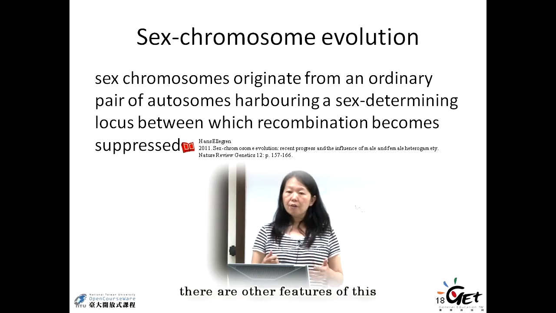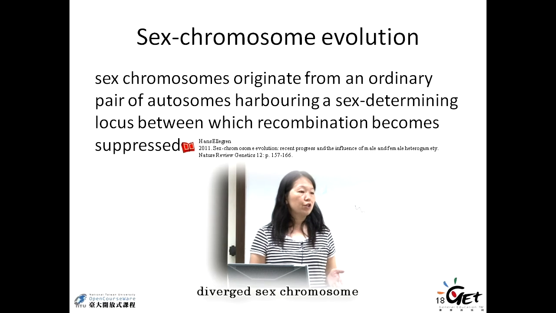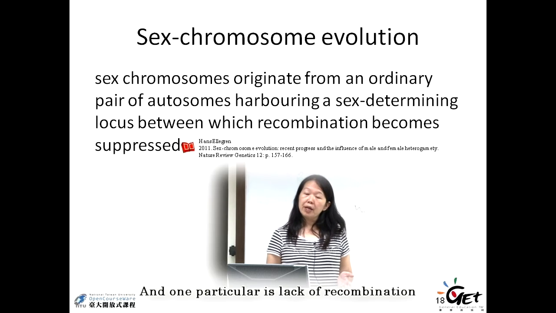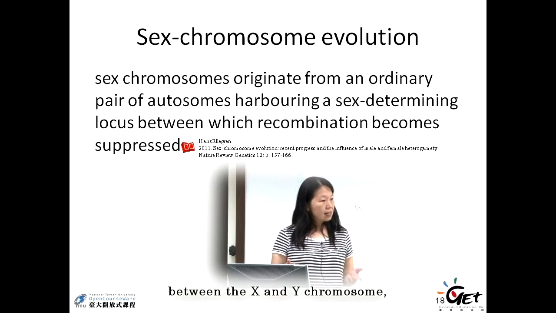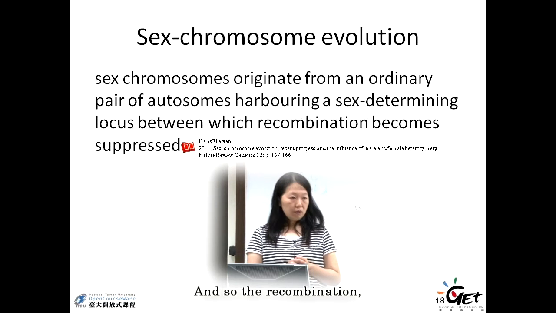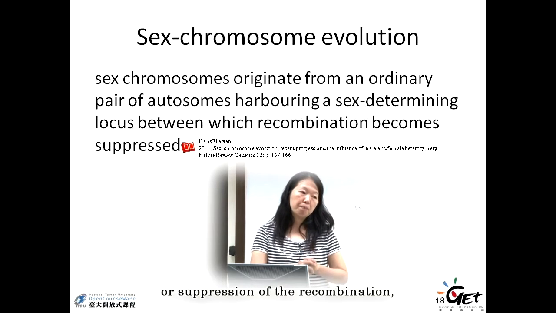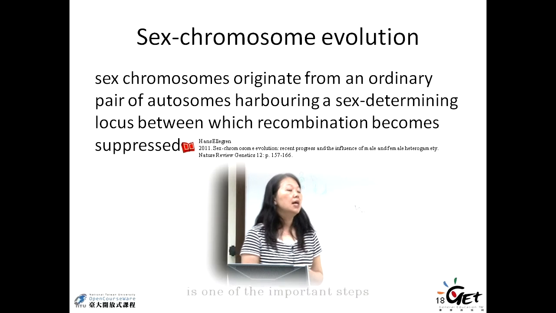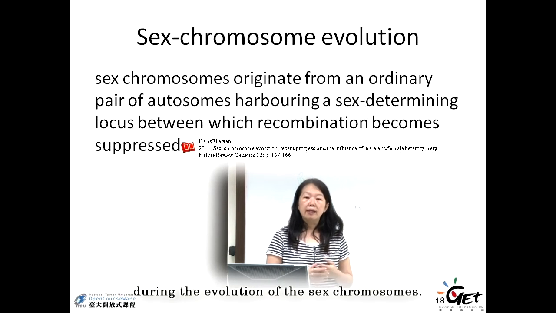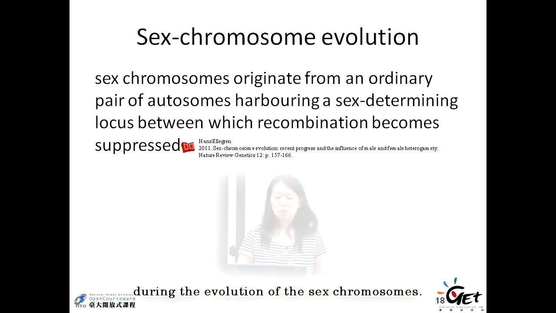There are other features of this diverged sex chromosome, and one particular feature is the lack of recombination between the X and Y chromosome, or Z and W chromosome. So the suppression of recombination is one of the important steps during the evolution of the sex chromosomes.